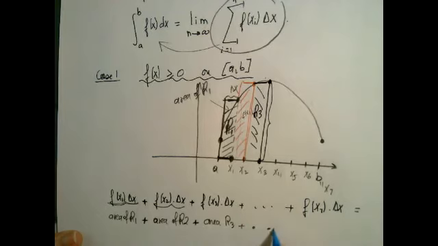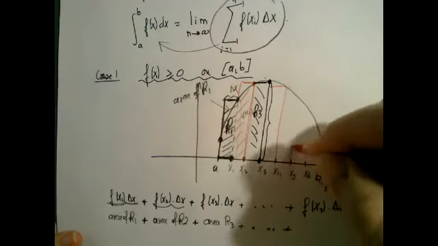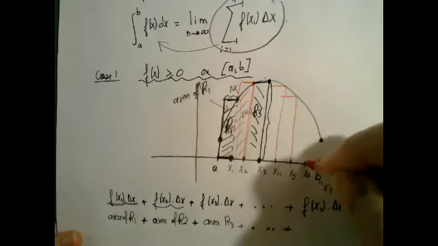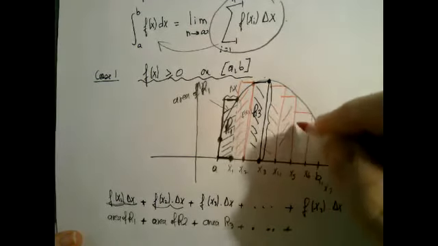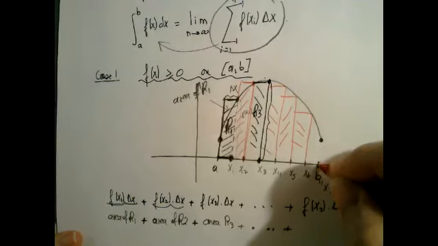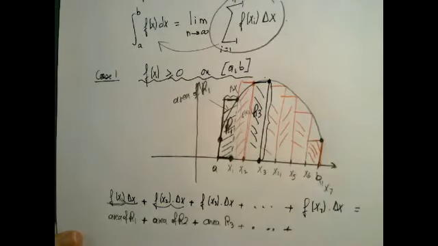Plus, etc. So I keep adding areas. I'm going to add the area of this one, then the area of that one, plus the area. So this is really what the Riemann sum represents when the function is positive. And finally, at the last point, I will get the area of this one.